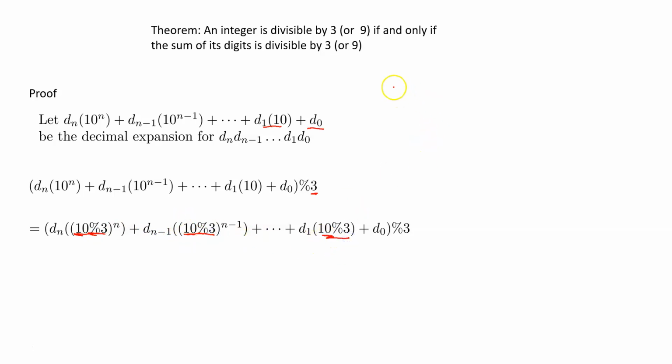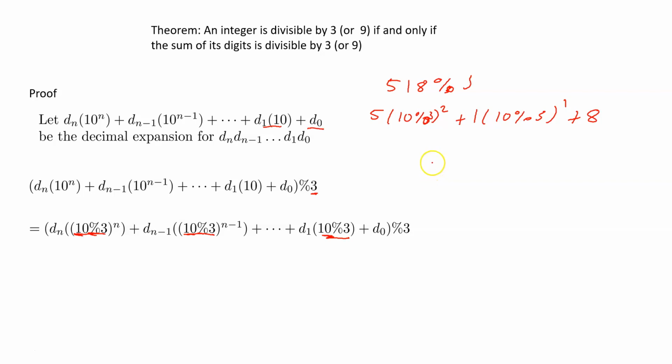Just to do a quick example, if I wanted to do 518 modulo 3, I can take 5 times 10 modulo 3 to the power 2, plus 1 times 10 modulo 3 to the power 1, plus 8.